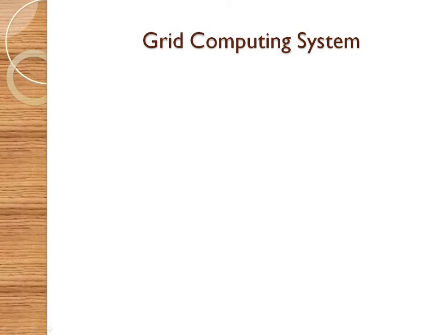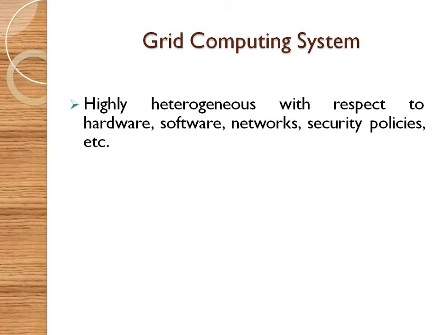The next is grid computing system. A characteristic feature of cluster computing is its homogeneity. In contrast, grid computing systems have a high degree of heterogeneity.